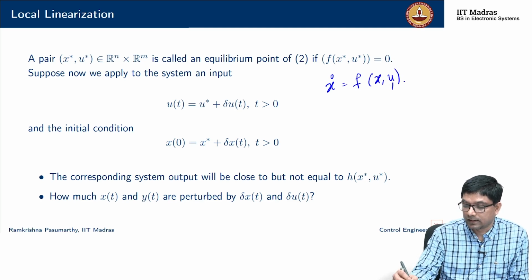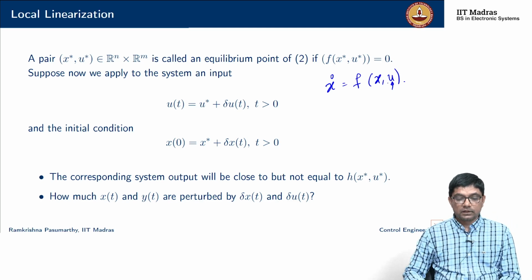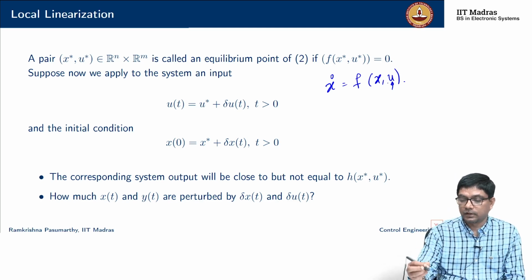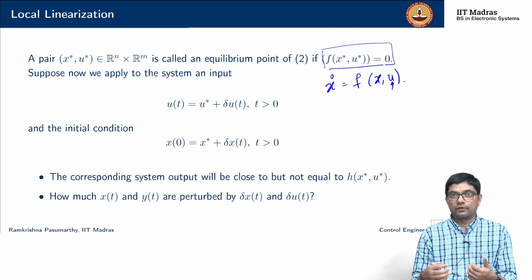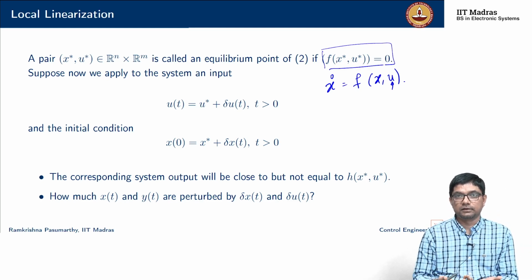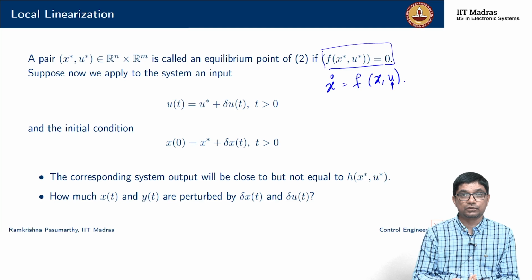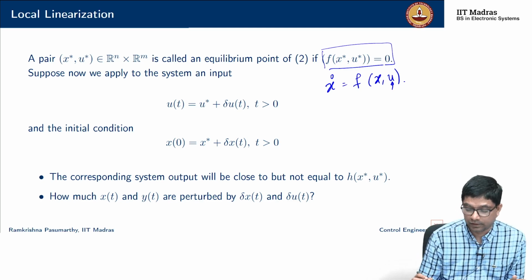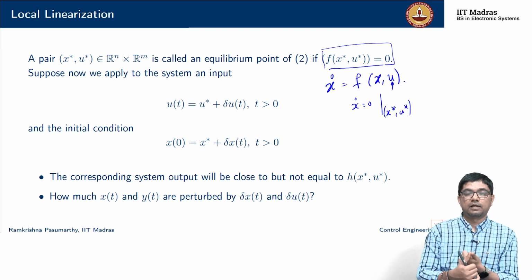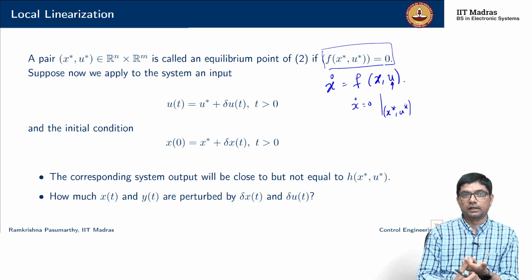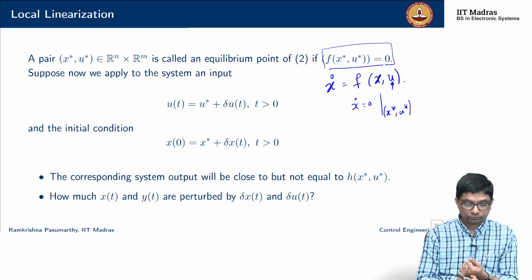So I am also looking at a system with inputs, and I also make the assumption that at the equilibrium point f(x star, u star) goes to 0, so that x dot equal to 0 at x star and u star. These are the states at the equilibrium and the input at the equilibrium.